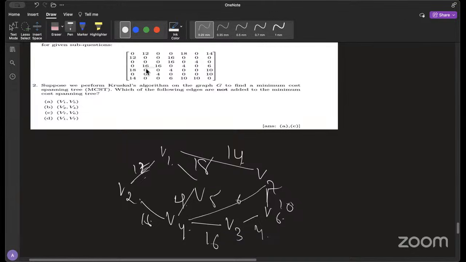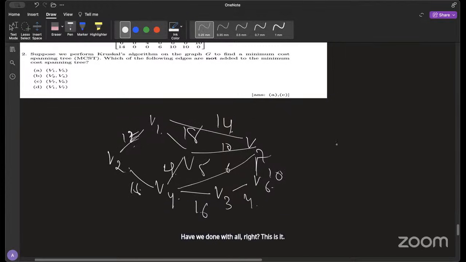In the V5 row, V1, V2, V3, V4, we don't have to check. With V7, we have 10. And for V6, V6 to V7 is 10, which we've already made. Are we done with all, right? This is it. We'll draw it clearly.